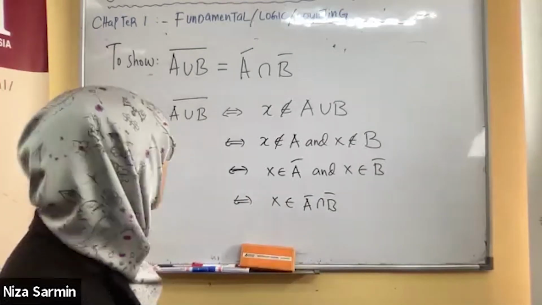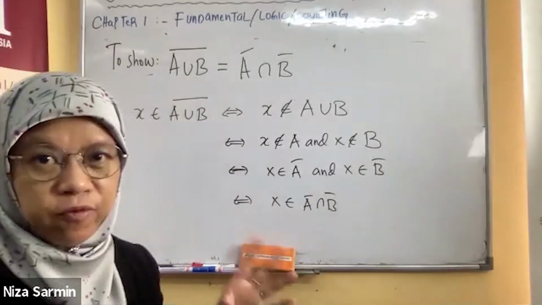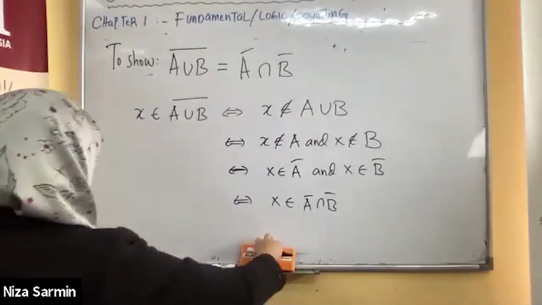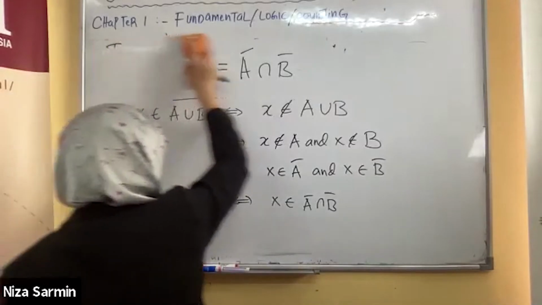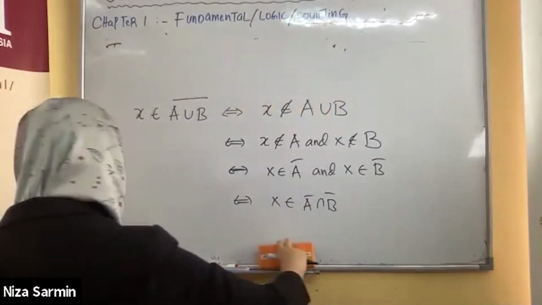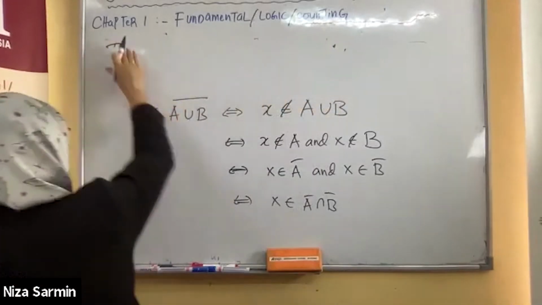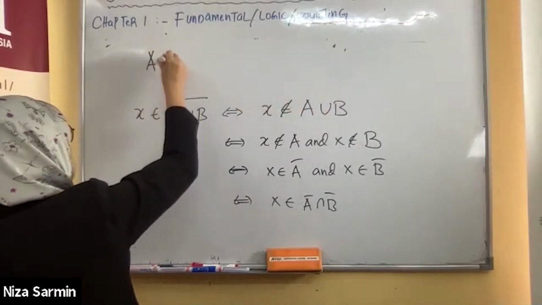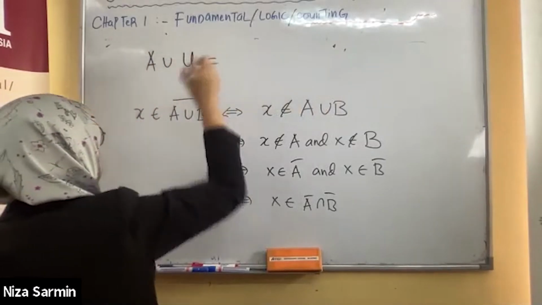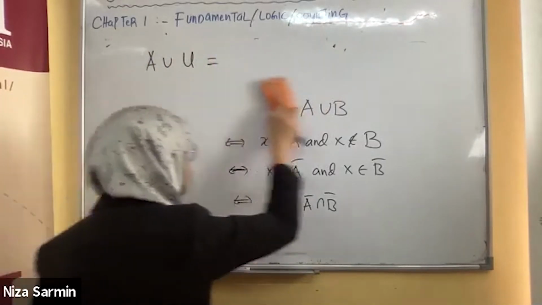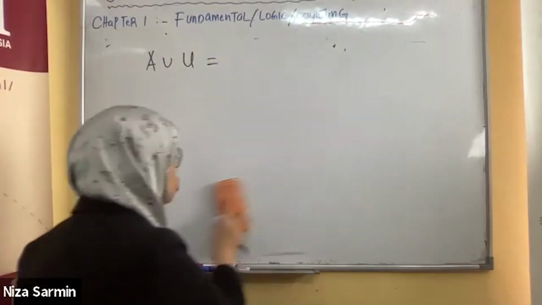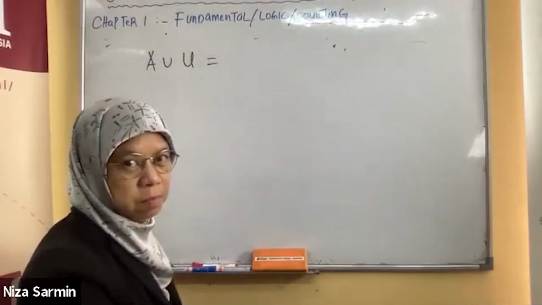Okay. Just now we did properties of the empty set. Now we do properties of the universal set. What is A union U? U is the biggest one. So you union with anything else, you don't get bigger.